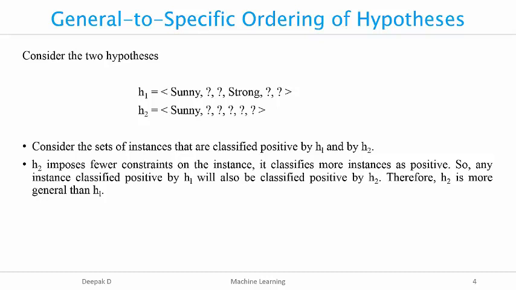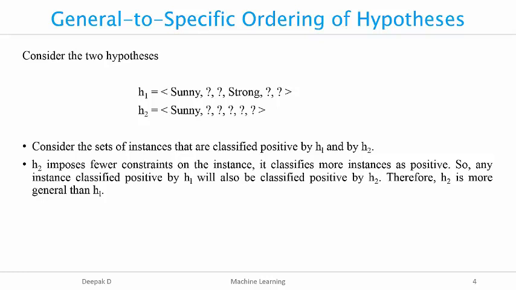Many algorithms for concept learning organize the search through the hypothesis space by relying on a useful structure that exists for any concept learning problem, the general to specific ordering of hypotheses. By taking advantage of this structure over the hypothesis space, we can design learning algorithms that exhaustively search even infinite hypothesis spaces without explicitly enumerating every hypothesis.